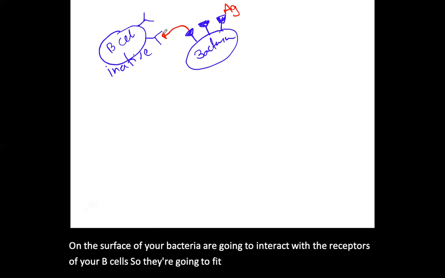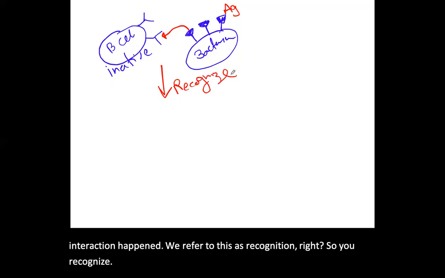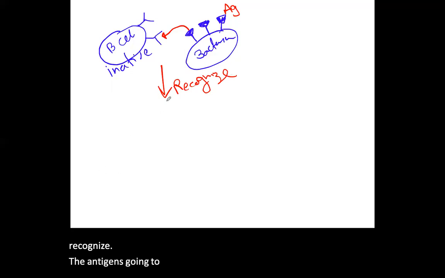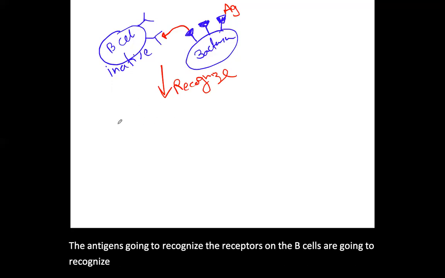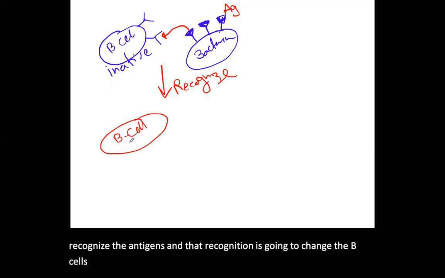As soon as this interaction happens, we refer to this as recognition, right? The receptors on the B cells are going to recognize the antigens, and that recognition is going to change the B cells to what? To active.